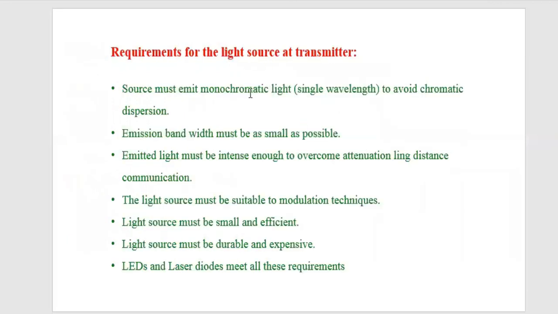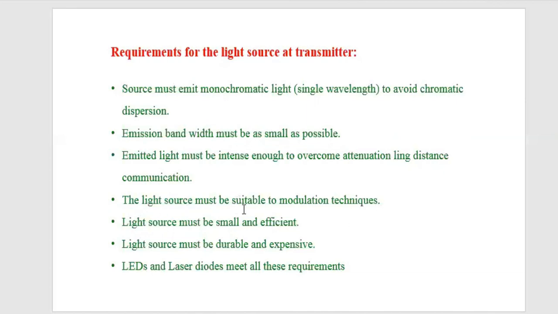What are the requirements of a good light source at the transmitter? The main condition is that it should emit monochromatic light. Generally laser lights are used as they emit a single wavelength. The emission bandwidth must be as small as possible, and the light rays coming from this source should travel a longer distance without any attenuation.